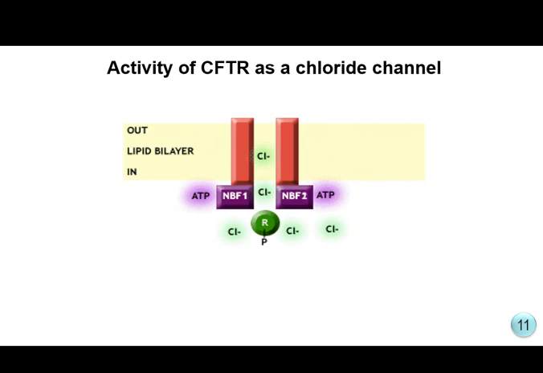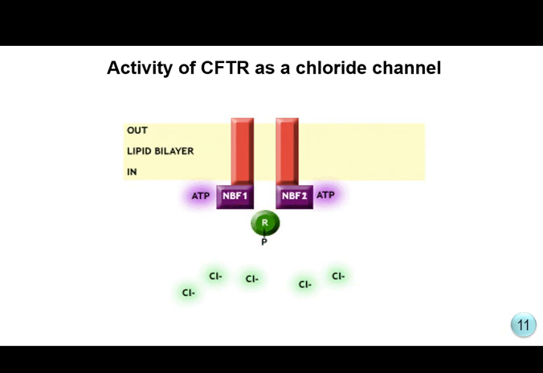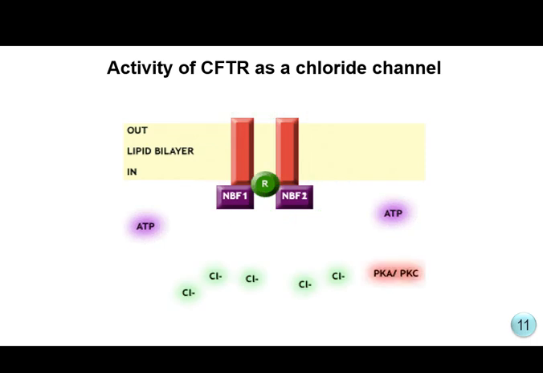The phosphorylated form of this domain will change its conformation and no longer sit in the middle. And these two transmembrane domains and the nucleotide binding domains will open up, allowing the chloride ion to go through this channel because nobody is blocking it. Is that okay? So the regulatory domain is important, right?